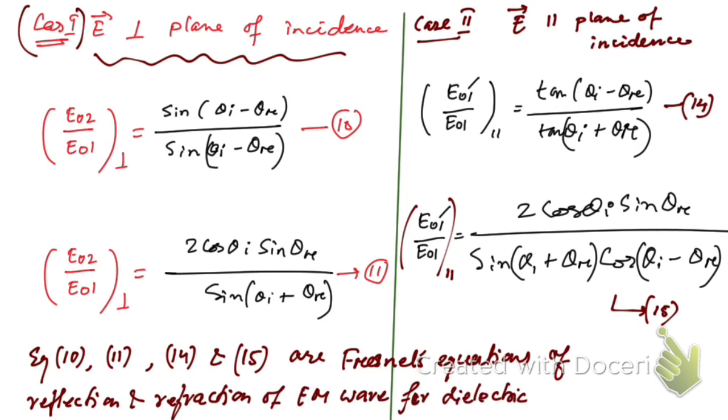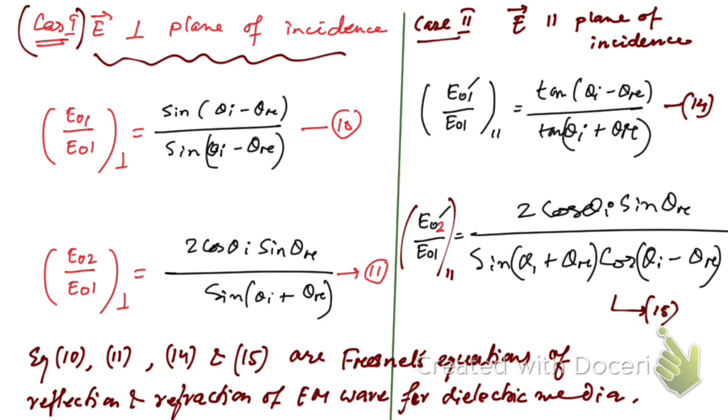or non-conducting medium, right? So when you are asked to find Fresnel's equations of reflection only, then in case of reflection you have to take, just give me a second, what I have done here. For reflection it's supposed to be E01, and for refraction it's supposed to be E02. So this is the correction.